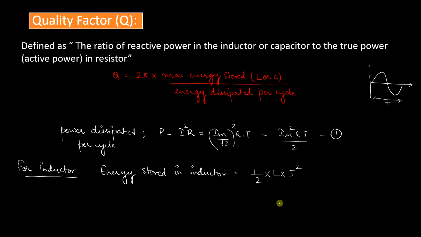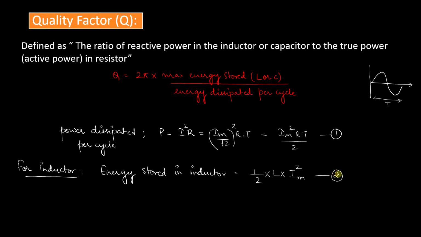This is the general expression for the energy stored in the inductor. But we want the maximum amount of energy stored, so I will be equal to Im. I can name this as equation number 2.